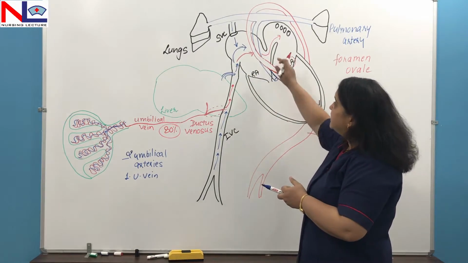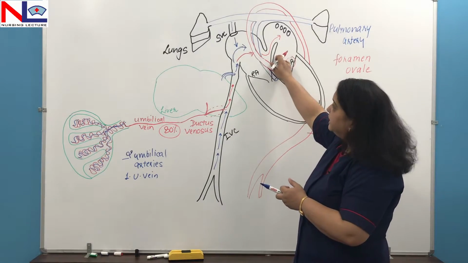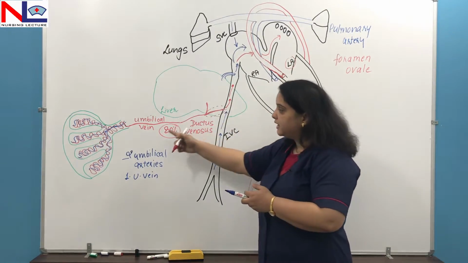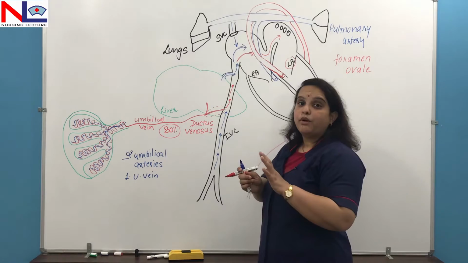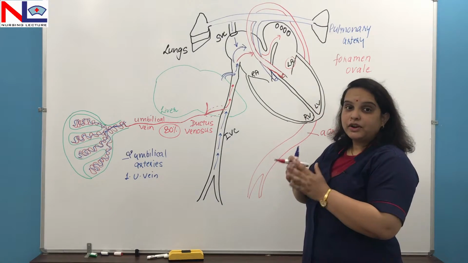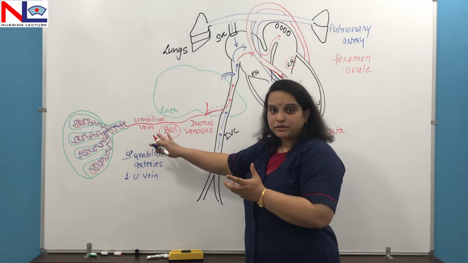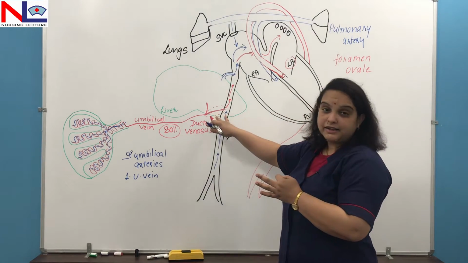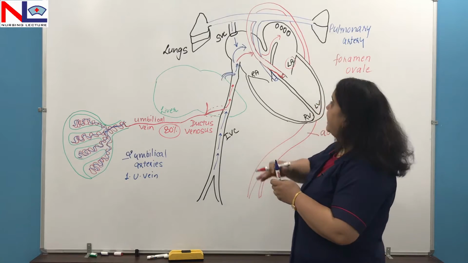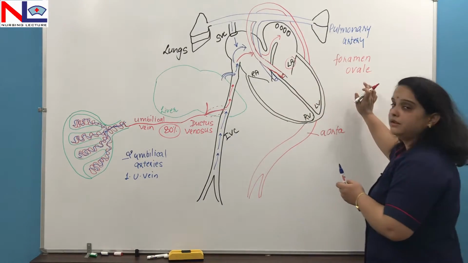Okay, so this is another, third important thing, because first we have seen there are 5 important things which come in this fetal circulation. So first is the umbilical vein, which is not present in the adult. Then the second is the ductus venosus, and the third one is the foramen ovale.